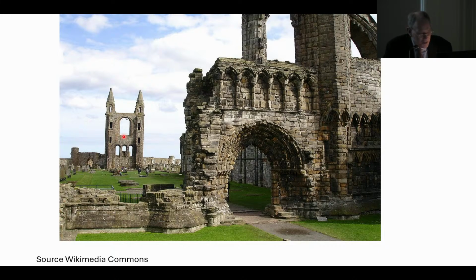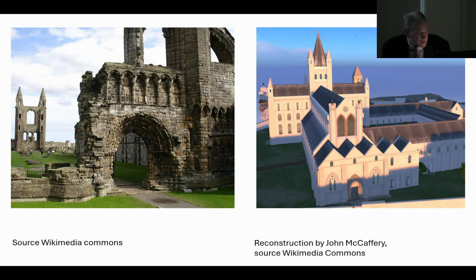Now that question is complicated because St Andrews was shortened at its west end by 2 bays in the later Middle Ages, and a low west porch was constructed on the site of what had originally been the 2 western bays of the nave. And you see that if you compare John McCaffrey's reconstruction with the photograph we've just been looking at.